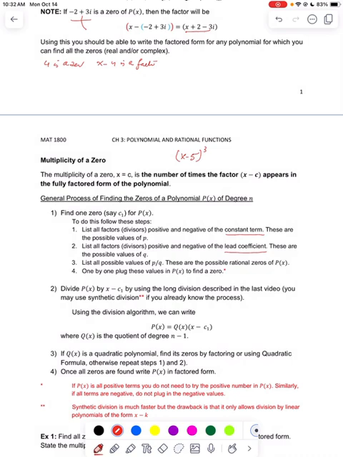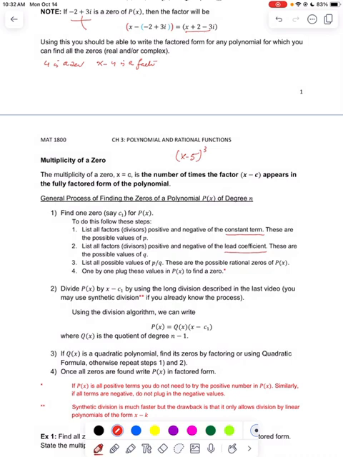So it could be there is only one rational zero hiding in that list, or there could be more than one rational zero. So we list all the possible values of P over Q, and then one by one we plug them into the polynomial P of x and try to see if any one of those gives us a zero.